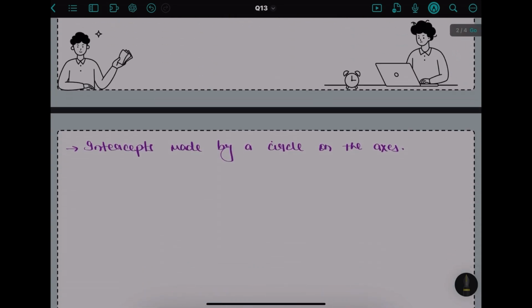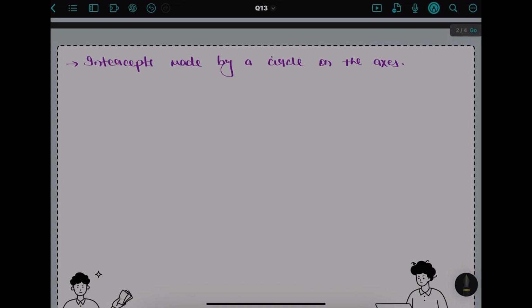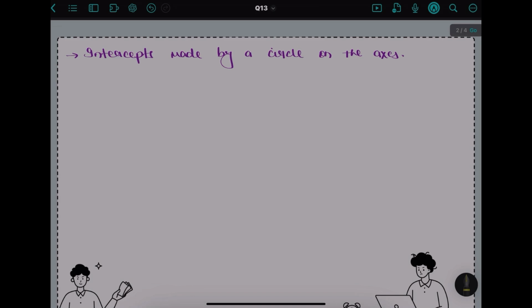Now we have another concept, intercept made by a circle on the axis. So what is this? Intercept means the portion which is cut by this circle on the axis. Suppose they give you the equation of a circle.